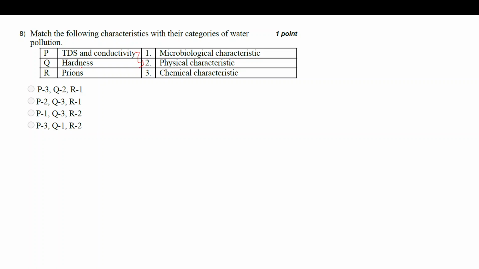So these are chemicals which are present, corresponding to the chemical characteristics. And prions are microbiological characteristics. So for this, the correct answer is P2, Q3, and R1.